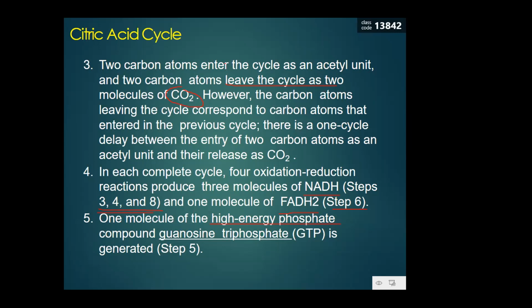Sabihin ko na, reveal ko na ba? Para masabi natin na high energy phosphate, that is negative 7.3 kilocalorie per mole. Ibig sabihin, itong si GTP natin, di ba, is around this range or higher. Kaya siya ay high energy phosphate.